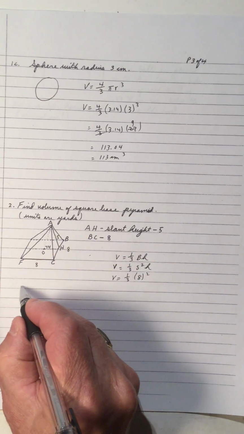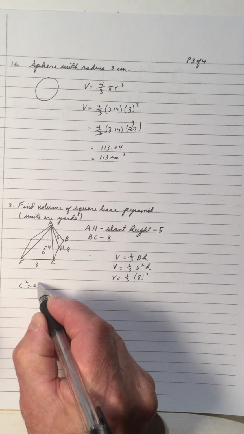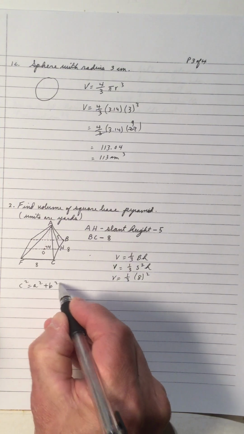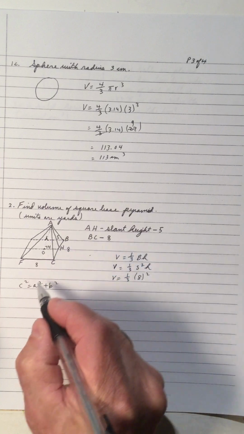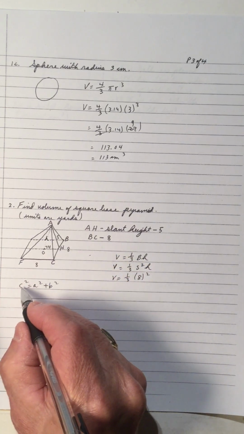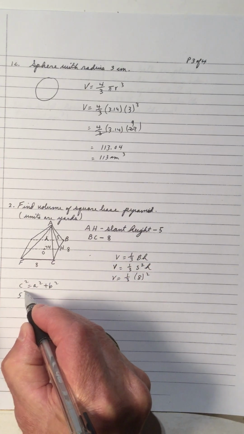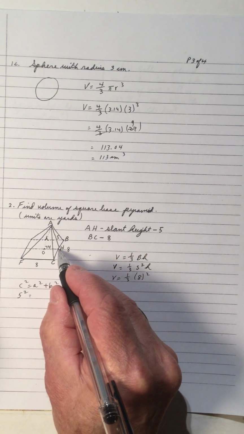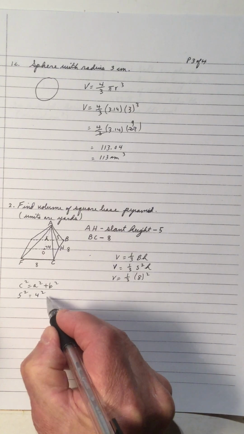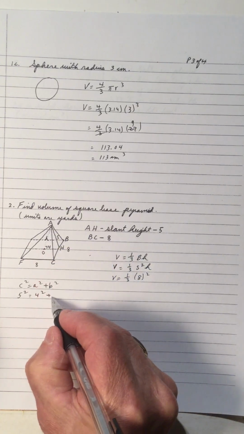So we have C squared equals A squared plus B squared. So we want the height, so let's put H for the height there. The hypotenuse is 5, opposite the right angle. This side OH is 4, and B we say is the height.